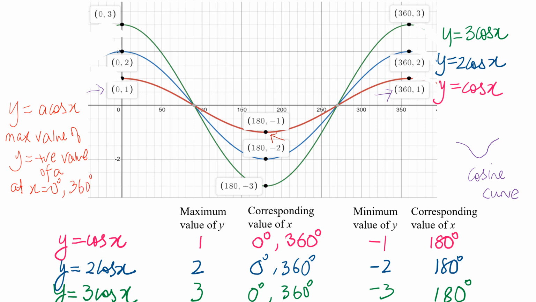However, if you're talking about the minimum value, then it will happen at y equals to the negative value of a, and it happens when x is equal to 180 degrees. Okay, so this is the basic information that you have to remember for the cosine curve.